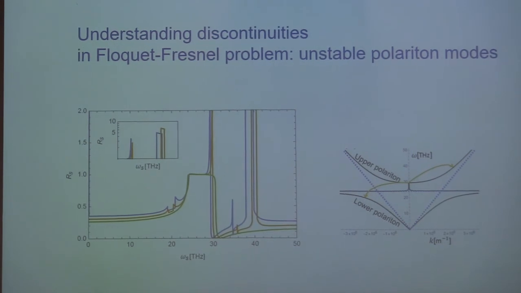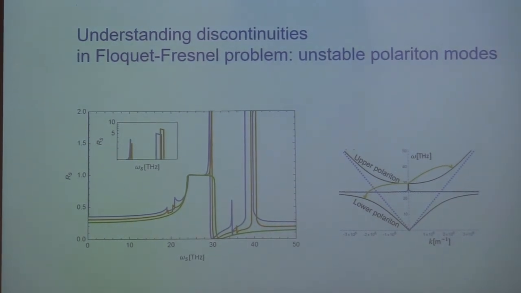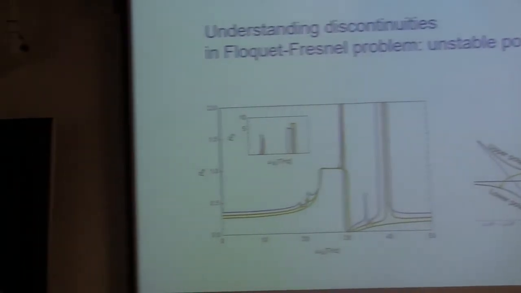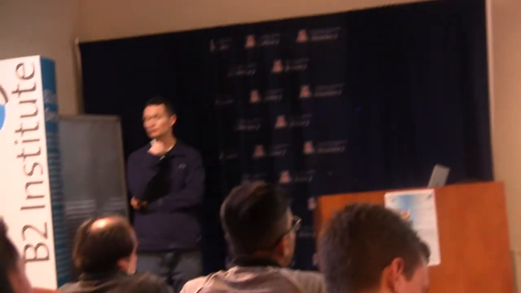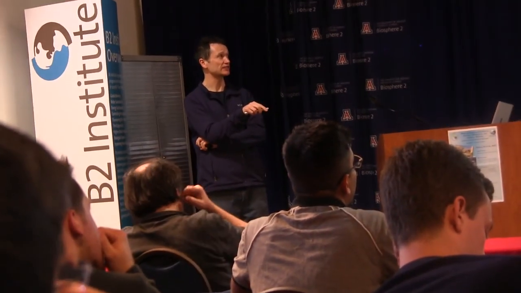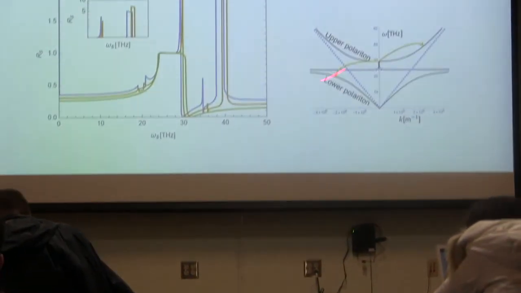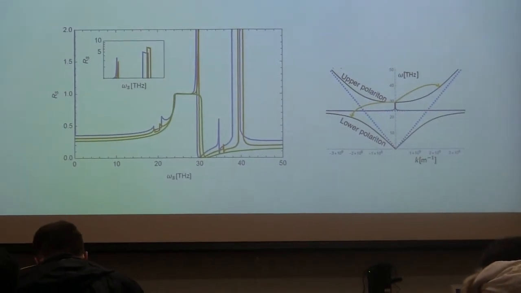You just pump at this frequency. This condensate you put in by hand. Right, but you said it's a laser. But after that, when we start thinking about phonon polaritons at these new frequencies, this is like a lasing instability.